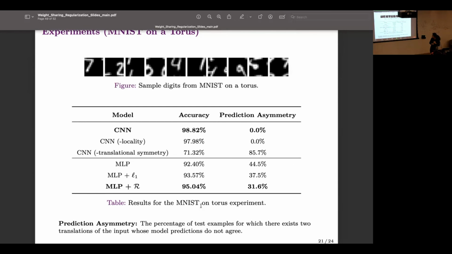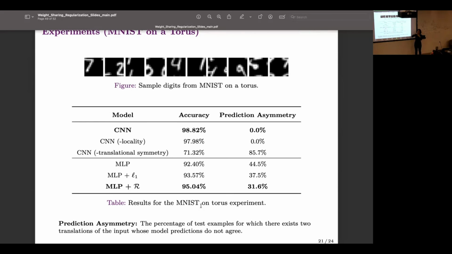This prediction asymmetry is a measure to see how the networks can detect, for example, this 7. Let me say how we compute it. We apply all of the possible rollings. If this image has 14 by 14 pixels, there are 196 possible movements of pixels.